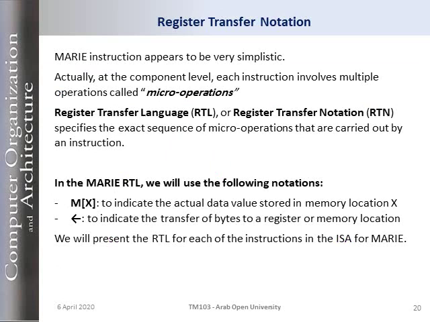Maria instructions appear to be very simplistic. But at the component level, each instruction involves multiple operations called micro operations. We also call it the register transfer language, or register transfer notation. It specifies the exact sequence of micro operations that are carried out by an instruction.